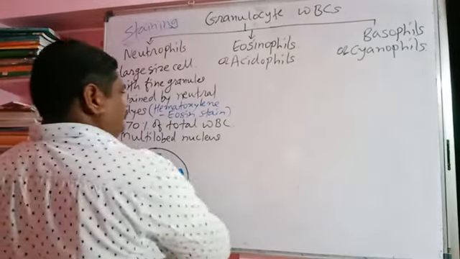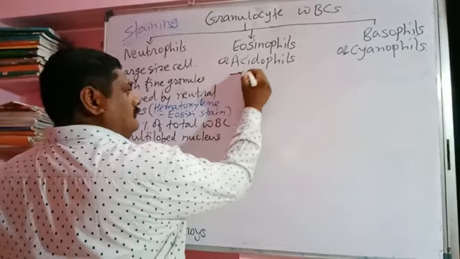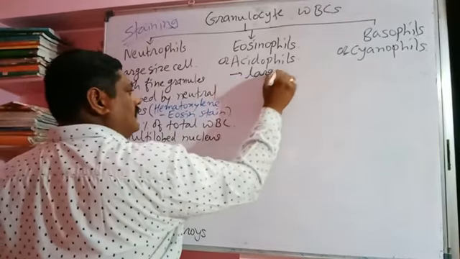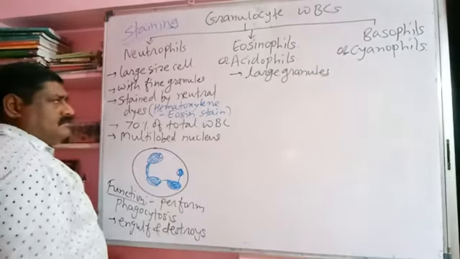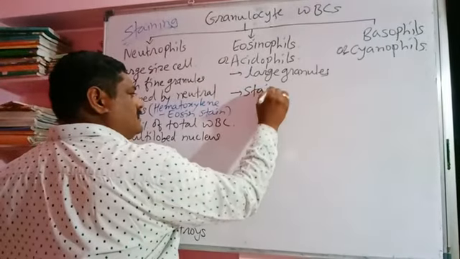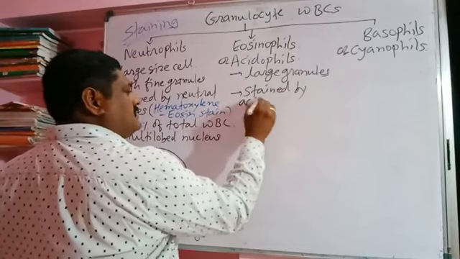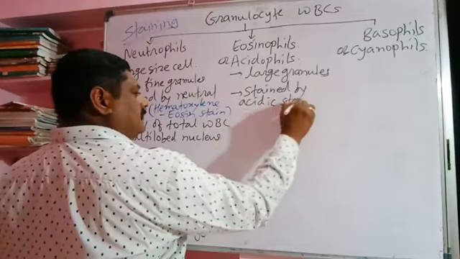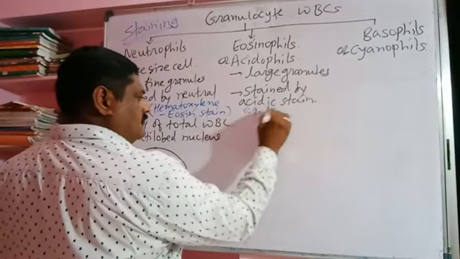Eosinophil. These have some large size granules in their cytoplasm, and they are stained by eosin, an acidic stain.